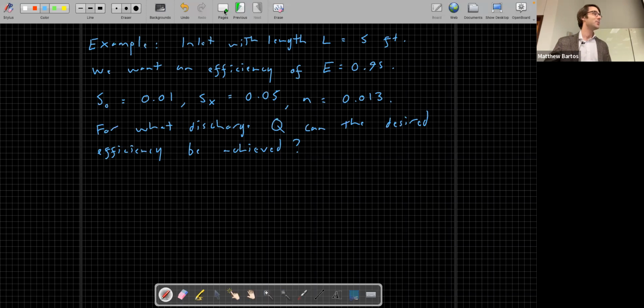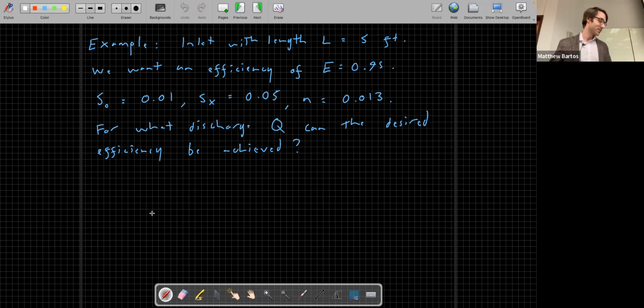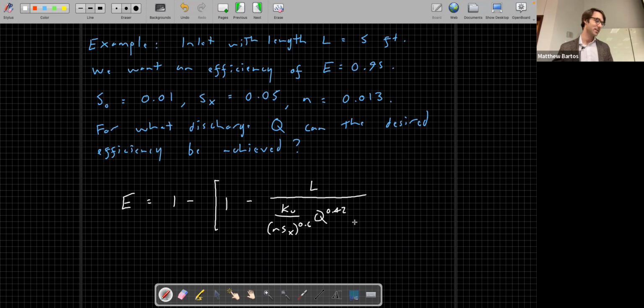We can write that out as follows. If we combine the two equations together, we have that our efficiency E is equal to 1 minus the quantity 1 minus L over LT, where LT is KU divided by N times the cross slope to the 0.6 power times Q to the 0.42 power times the longitudinal slope to the 0.3 power, all to the 1.8 power.